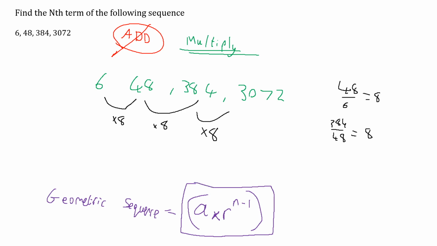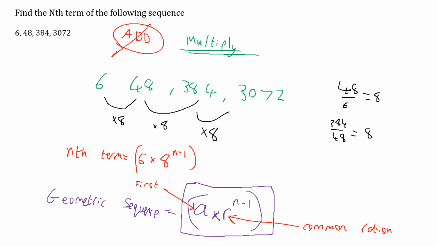A is the first number, and r is the common ratio. And so therefore we can clearly see that the nth term is going to be 6 times 8 to the power of n minus 1. And that is our final solution.